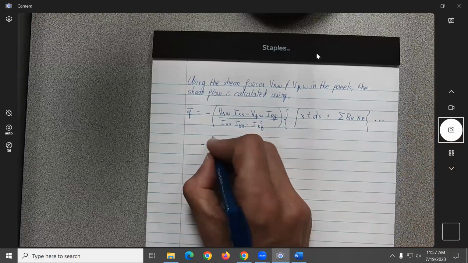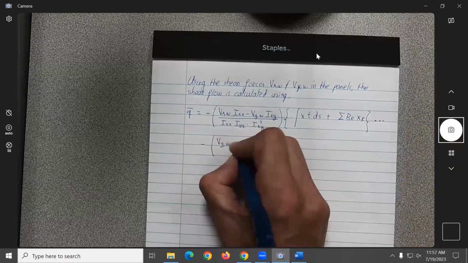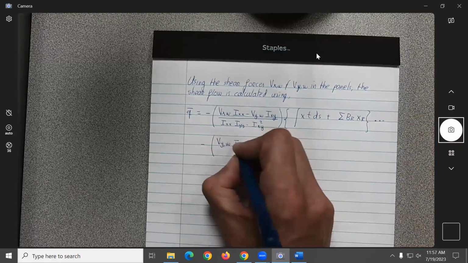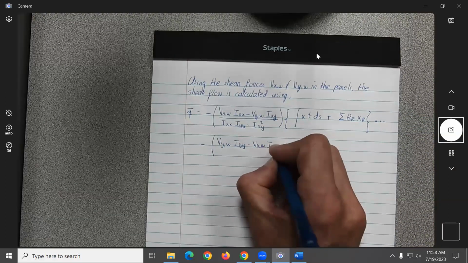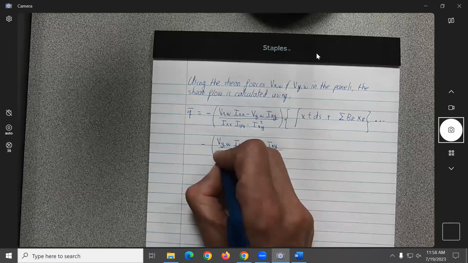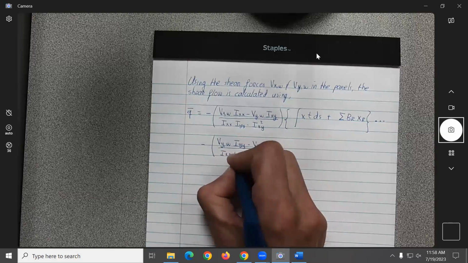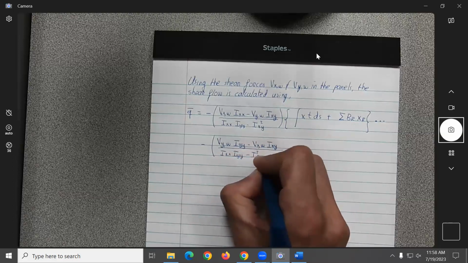Now we need to do the other one, which will be Vy wing Iyy minus Vx wing Ixy, divided by Ixx Iyy minus Ixy squared.